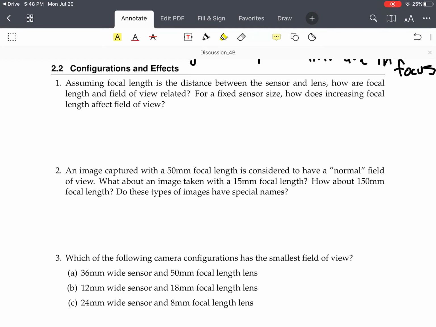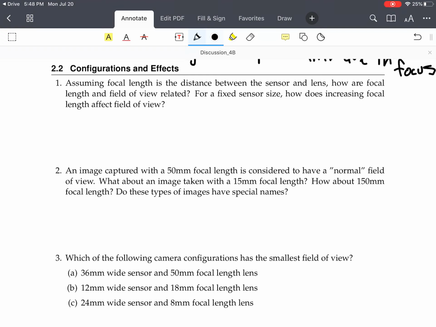The answer is, if we keep the sensor size fixed but move it closer, because the focal length is the distance between the sensor and the lens, if we move the sensor closer to the lens, we're going to realize that focal length and field of view are inversely related.